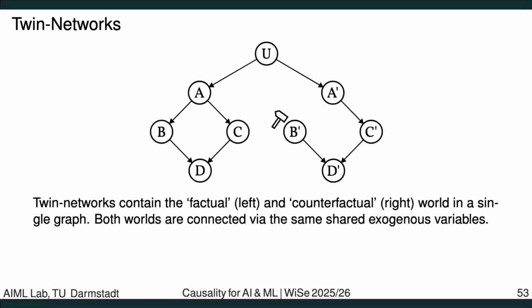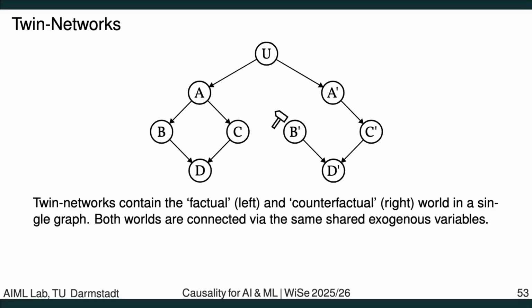There is this representation called twin networks, which basically duplicates the graph and connects these 2 graphs via the exogenous variables U. And this is maybe a bit nicer because you can do all these steps within a single model, within a single graph, without doing the steps separately, right?